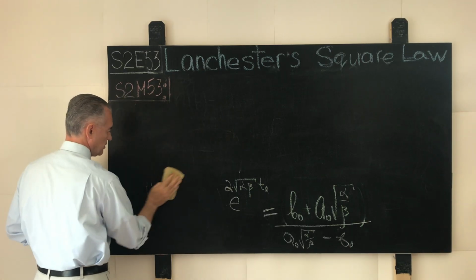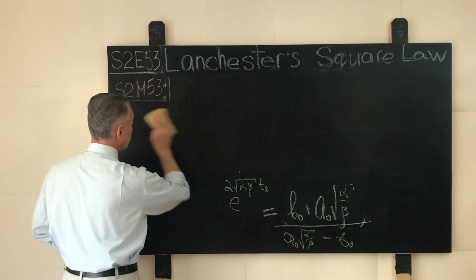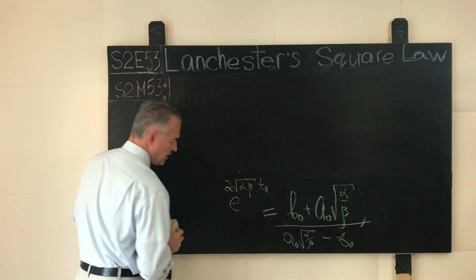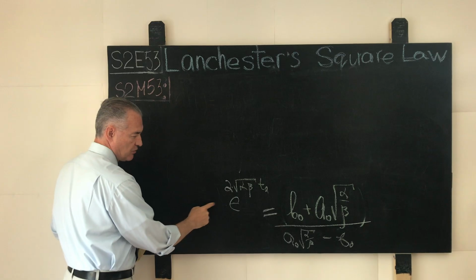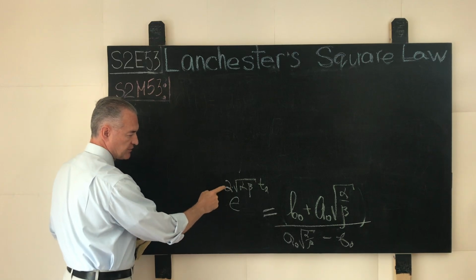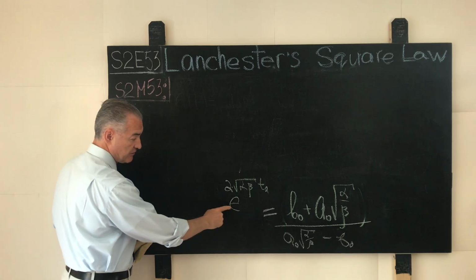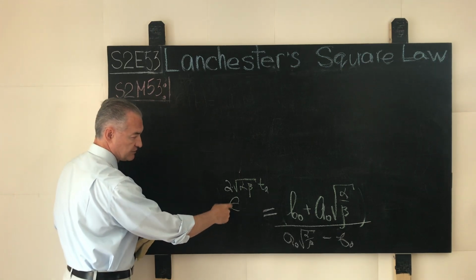So we will analyze this equation after we are done. But once we take the logarithm of this exponent, what happens? The power moves downstairs. The natural logarithm of e is 1.